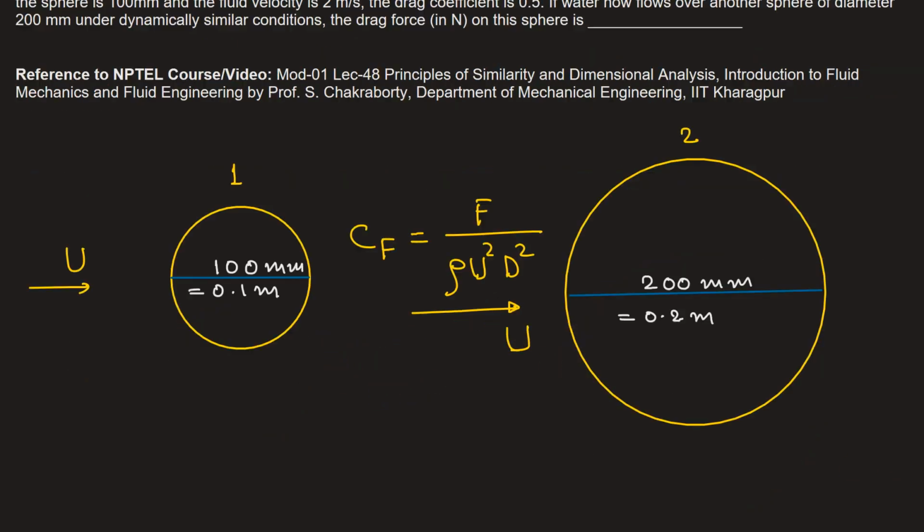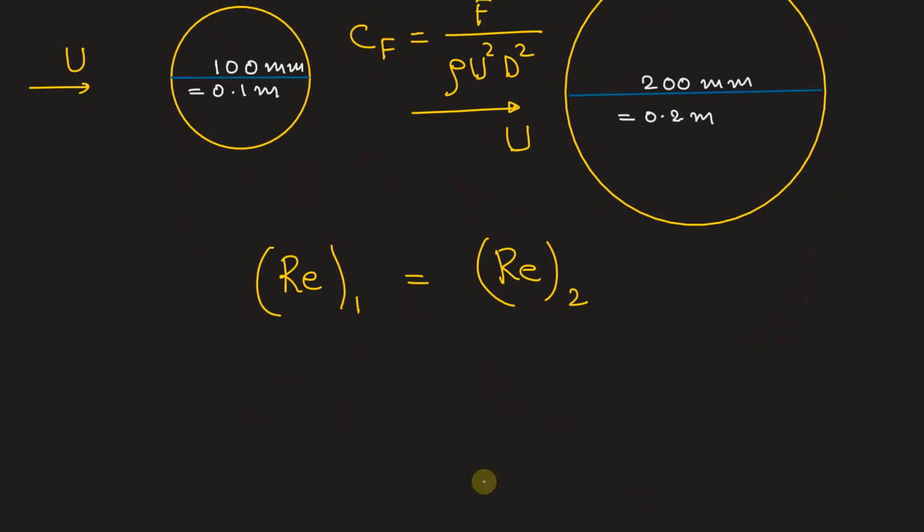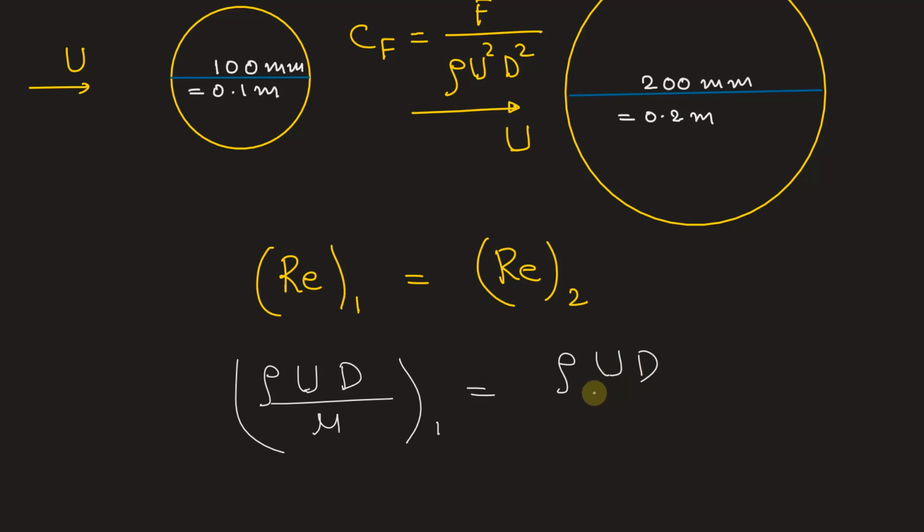So if these two spheres are in dynamically similar conditions, the Reynolds number over sphere 1 should be equal to the Reynolds number over sphere 2. Now the expression of Reynolds number is rho V d upon mu. So rho u d upon mu of sphere 1 should be equal to rho u d upon mu of sphere 2.